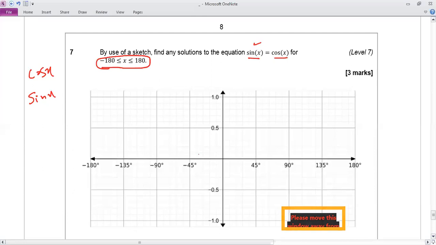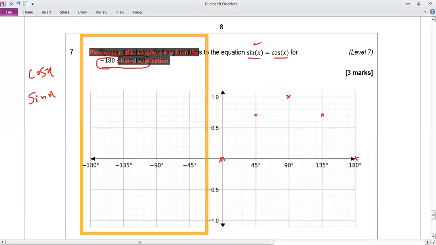So first I will do sin x. At 0, it is 0. At 45 we know it's 0.7, 0.71, slightly above 0.7 almost. Then for 90 degree we know it is 1. Then for 135 again it will be 0.7, and this is 0. You can use your calculator for taking these values. Easily you can take the value.